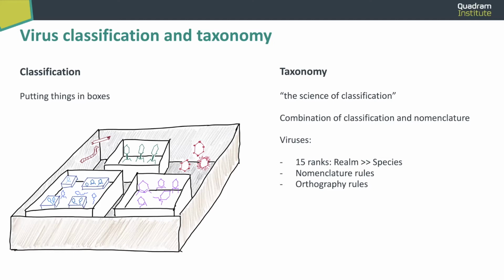Anything below that we don't do. That's not in the remit of the taxonomists, that's in the remit of expert groups all around the world who are expert in a particular type of virus. We have to follow nomenclature rules, and we have to follow certain rules on how to write things, or orthography rules.